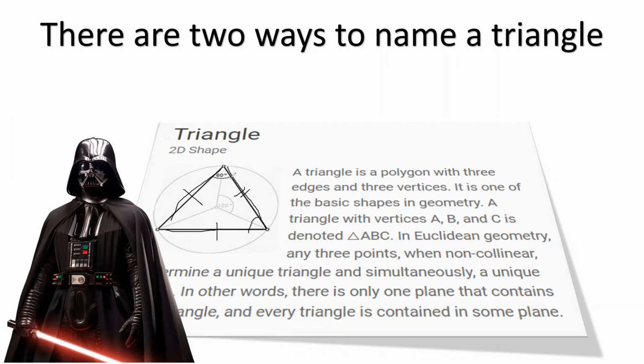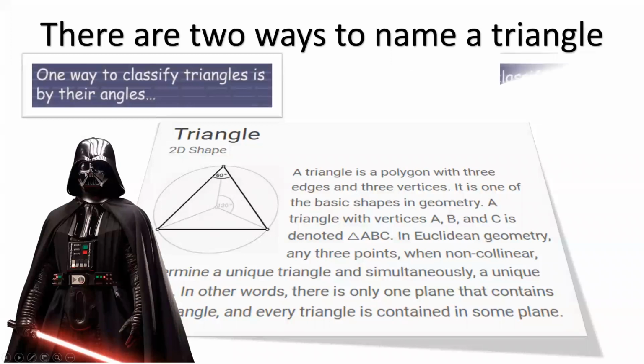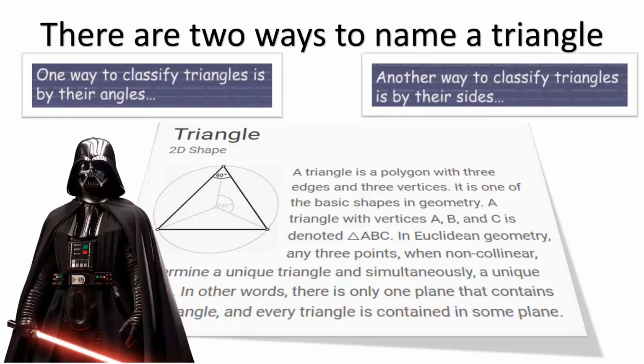Another way is to focus on these 3 angles, right? Because every triangle has 3 sides and every triangle has 3 angles. So those are your 2 ways to classify triangles. Let me tell you, classifying triangles is a lot easier than classifying quadrilaterals, okay?